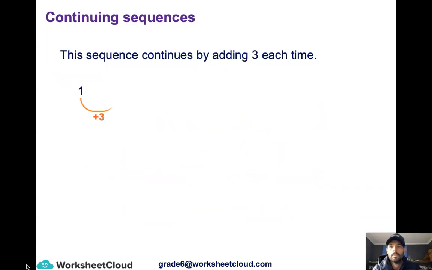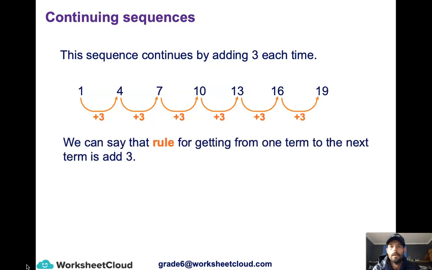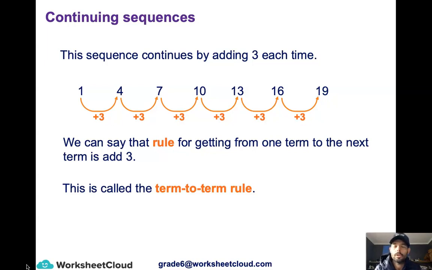So here's a sequence that increases by 3 each time. And there we can just say that the rule from getting from one term to the next is add 3 or plus 3. Now this is called a term-to-term rule, because from the first term 1 to the second term 2, we're adding 3.